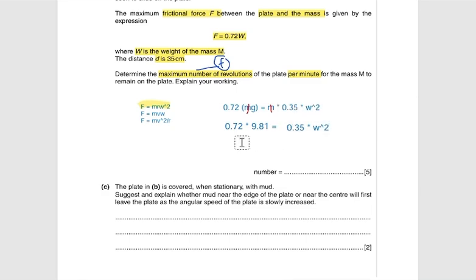When you plug this in your calculator, you have 0.72 into 9.81 divided by 0.35, and you get omega as 4.49.